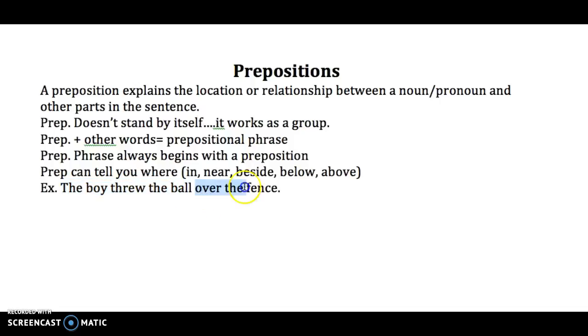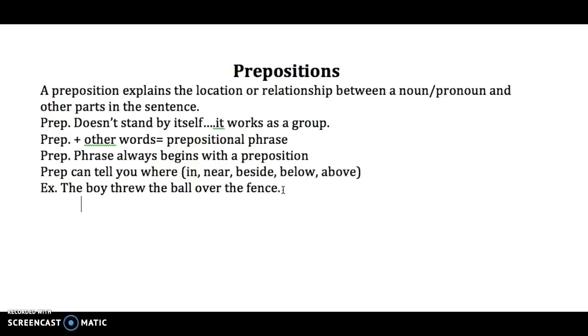Now, over the fence is telling us more information about what the boy threw, or the ball. So let's figure this out. If we say over the fence, what is that answering? Well, one way that you can think about prepositions and identify them is to ask yourself what is going on.